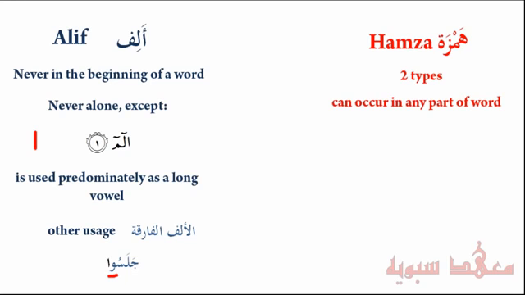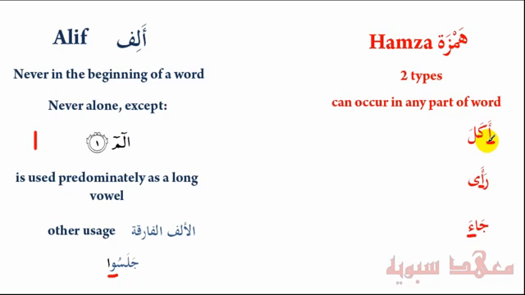Just to demonstrate this, here we have three verbs where the Hamza is in the beginning, the middle, and the end. Here it's on its own, and here it's with the actual Alif. This shows the close relationship between the Hamza and the Alif, where it's sometimes reliant upon the Alif.